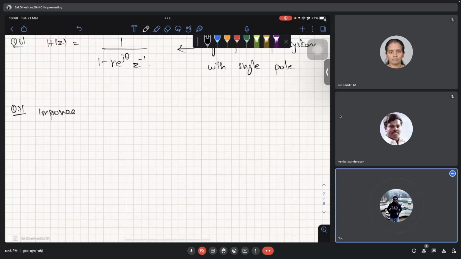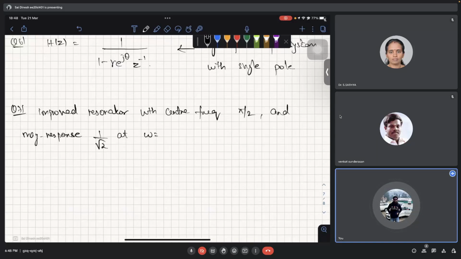So, an improved resonator with center frequency pi by 2 and magnitude response 1 by root 2 at omega equal to 4 pi by 9.